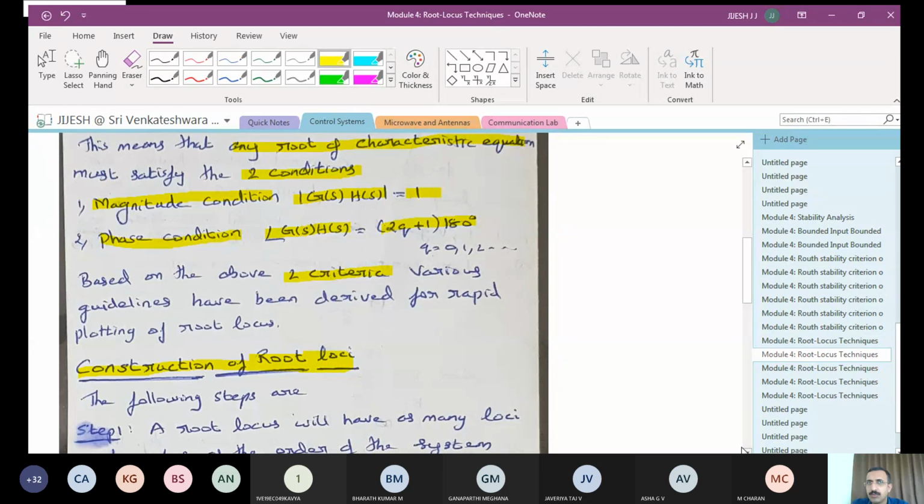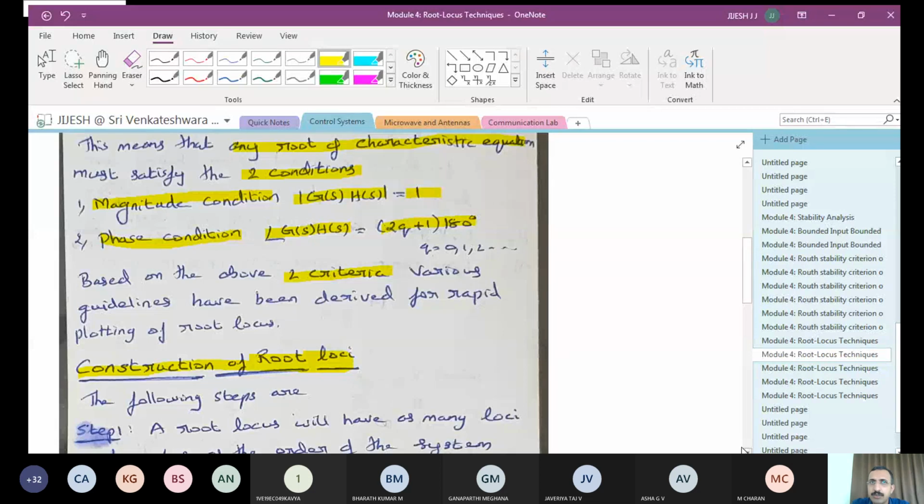When you give the system, you can see that MATLAB will simulate all the steps and give you the final output. That is quite interesting to see.